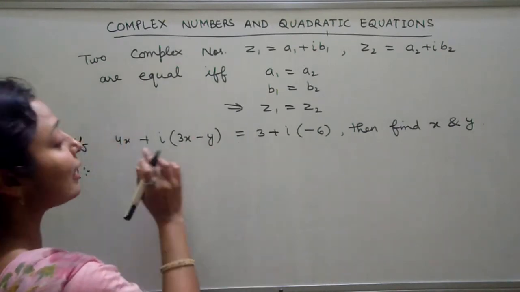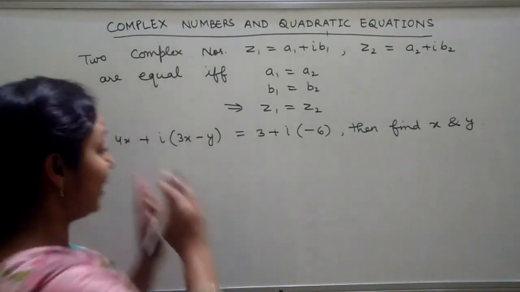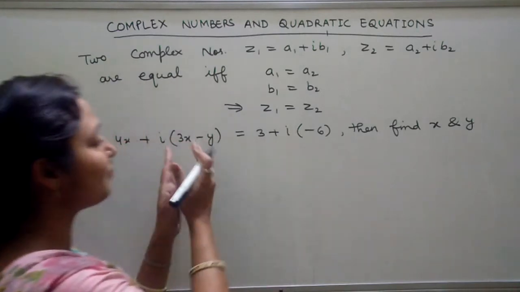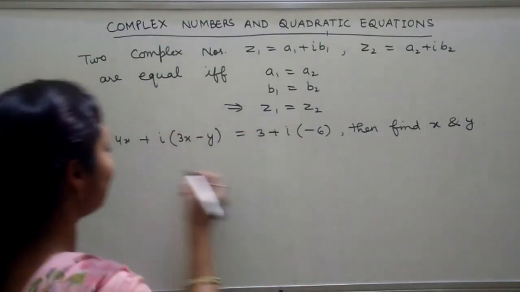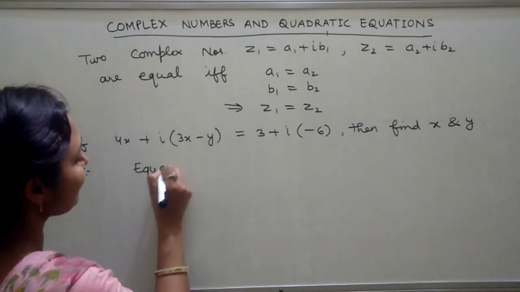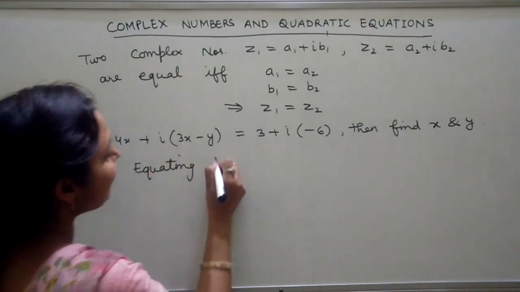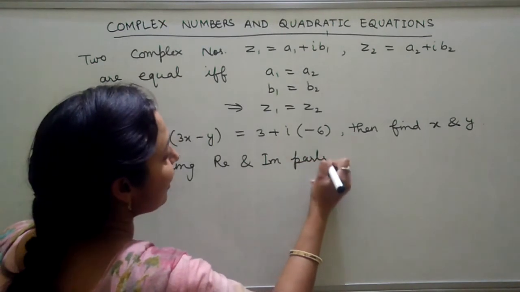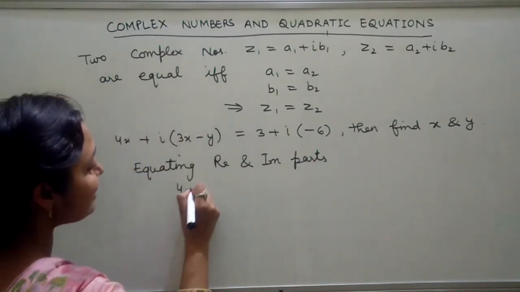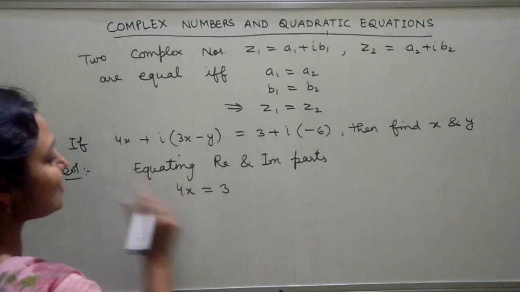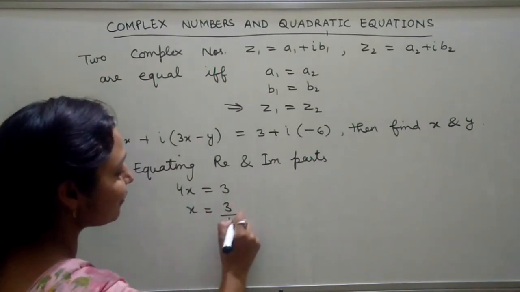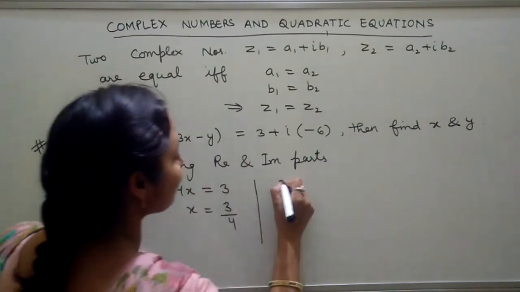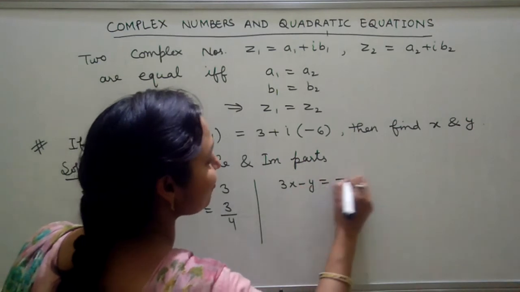So we can equate real and imaginary parts. Real will be equal to real and imaginary will be equal to imaginary. So 4x equals 3, real equals real, x equals 3 by 4. In the second position we have 3x minus y equals minus 6.